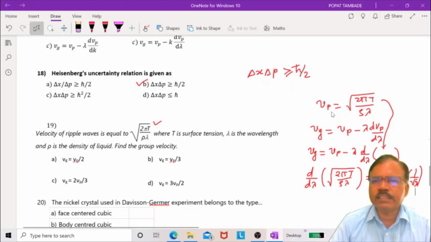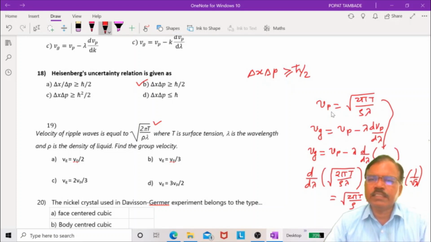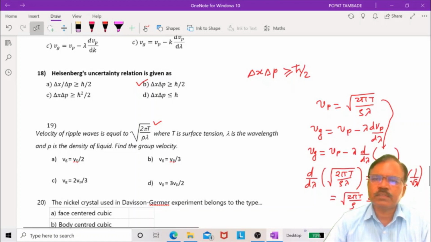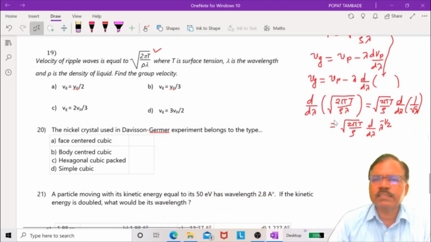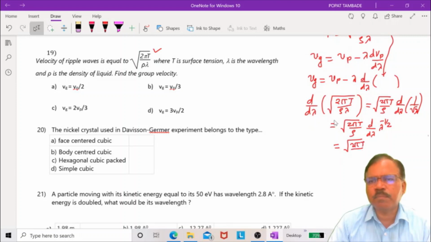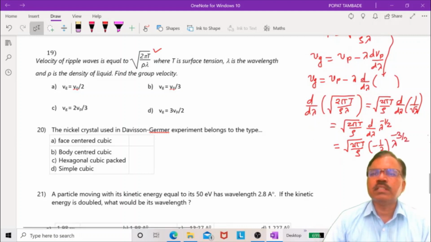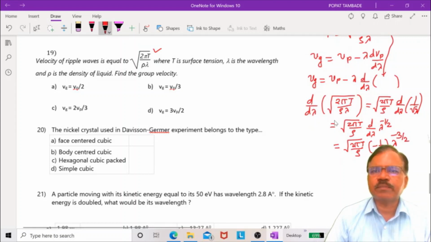So we can write this one as root of 2 pi t upon rho d by d lambda of lambda raised to minus 1 half. Now if we differentiate this, you will get root of 2 pi t upon rho into minus 1 half into lambda raised to minus 3 by 2. This is the derivative. So use this derivative here.